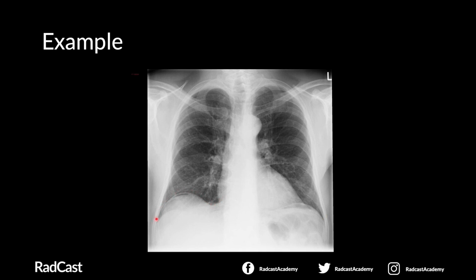Same here on the right, sharp costophrenic angle and a sharp contour of the hemidiaphragm. However, some of you may have spotted that there is free air or gas underneath both hemidiaphragms. This represents a surgical emergency as it is indicative of pneumoperitoneum, a sign that there has been an abdominal viscus that has been perforated.